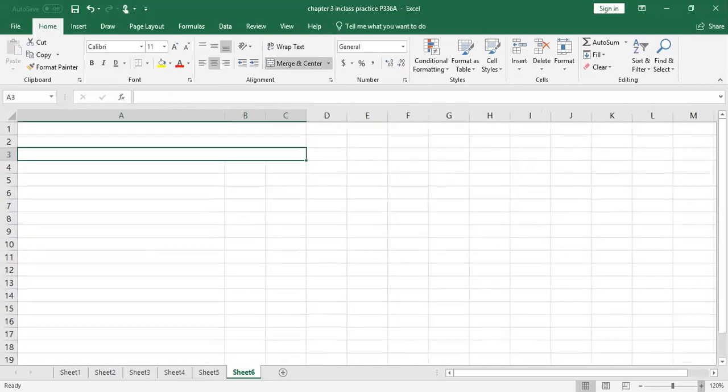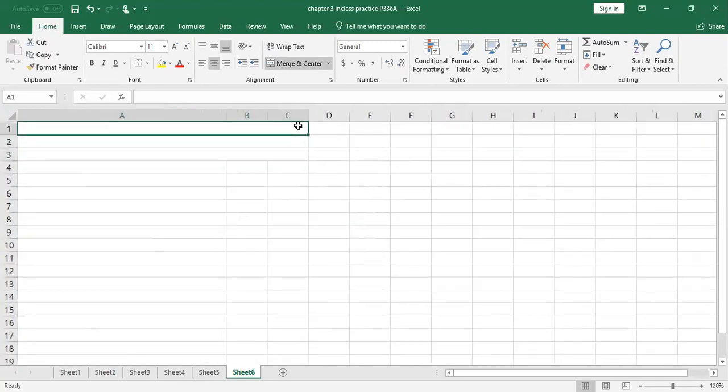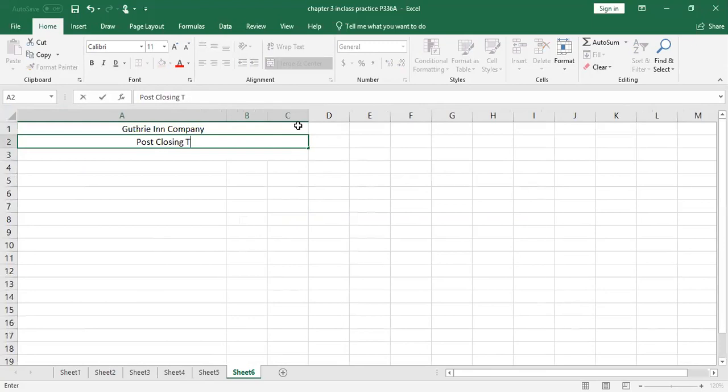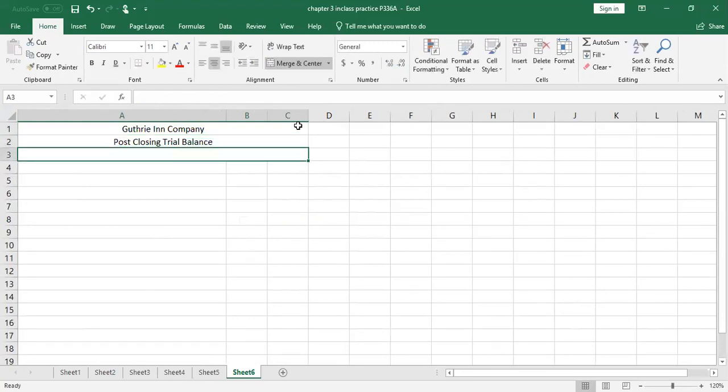Using my general ledger as it currently stands, excuse me, sorry about that, I sneezed. Using our general ledger, we're going to create this post-closing trial balance. So we have Guthrie and Company, post-closing trial balance, December 31st, 2018.